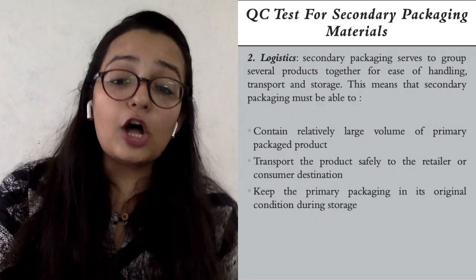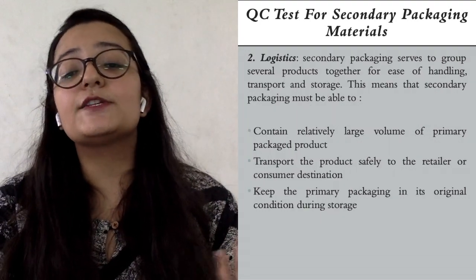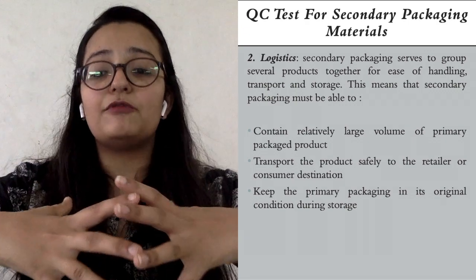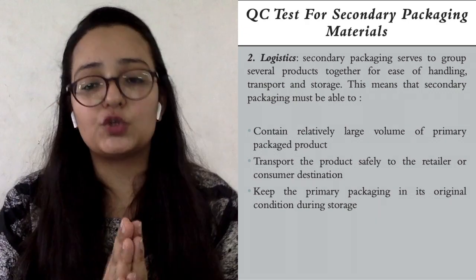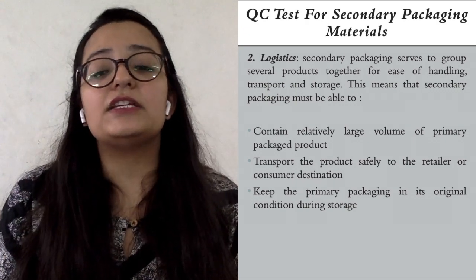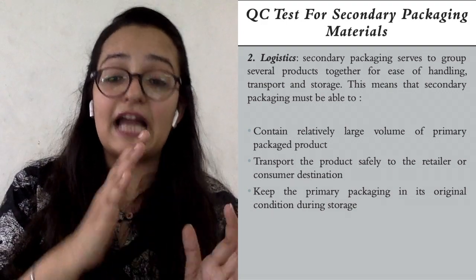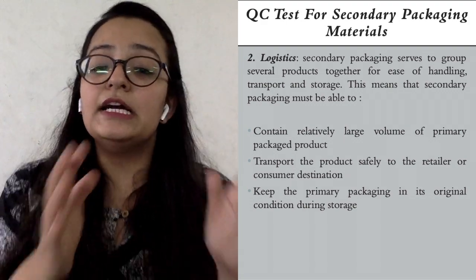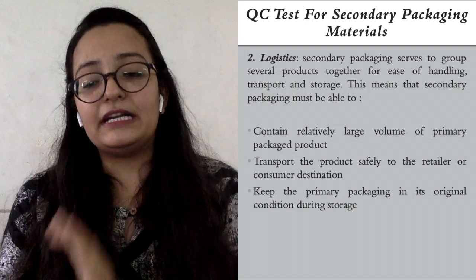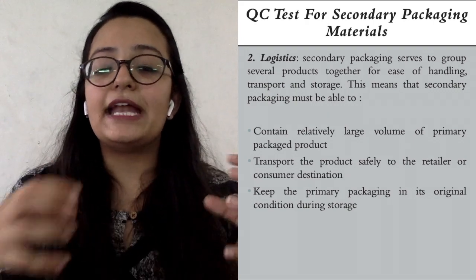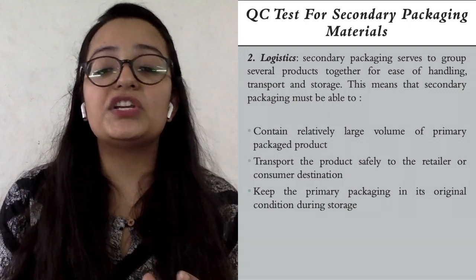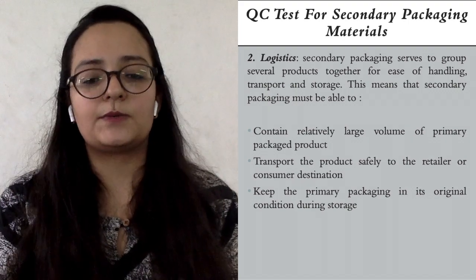In the case of logistics, secondary packaging serves to group several products together for ease of handling, transport, and storage. This means that secondary packaging must be able to contain a relatively large volume of primary packaged products, transfer the product safely to the retailer or the consumer destination, and keep the primary packaging in its original condition during storage.